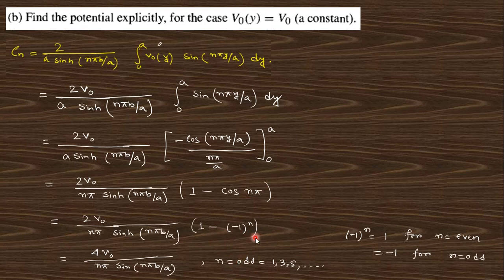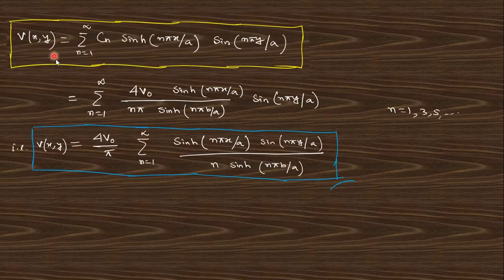For odd n this is minus 1, and for even n this is 1, so the total is 0. For odd values this will be 2, so it becomes 4, right? So the solution will be like that: put the value of Cn, and finally we get this expression where n equals 1 to infinity.